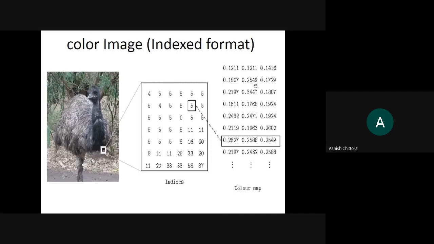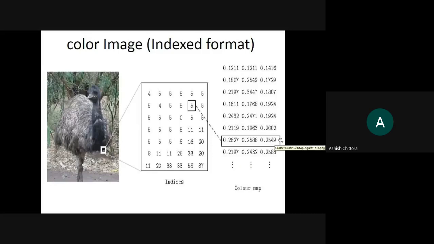There is a stored lookup table which contains the combination of three intensities: red, green, and blue. So a limited number of colors we can store in a lookup table. Instead of all the 2 to the power 24 combinations, we store only a limited number of useful colors for our image.